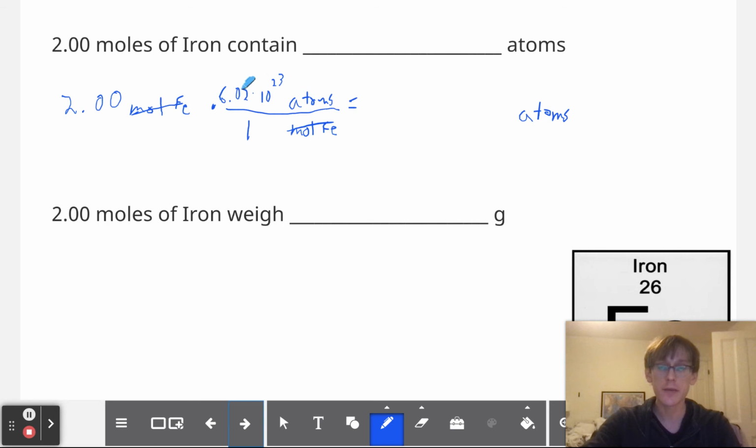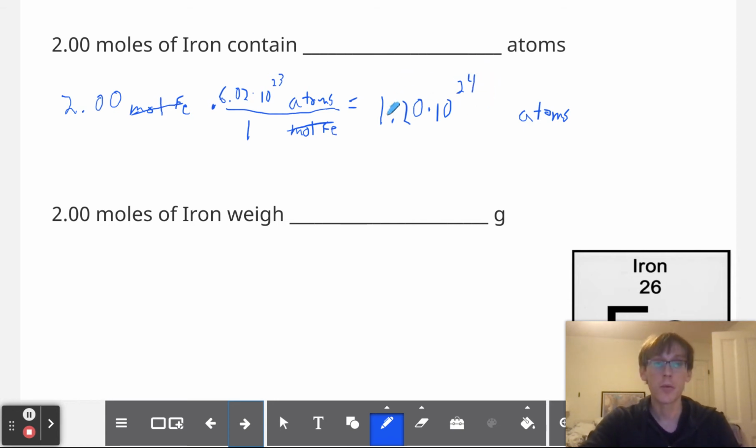So mathematically, what we have to do here is we take the 2.00 and we multiply it by 6.02 times 10 to the 23rd power and divide by 1, which doesn't change anything. And what we get is 1.20 times 10 to the 24th atoms.